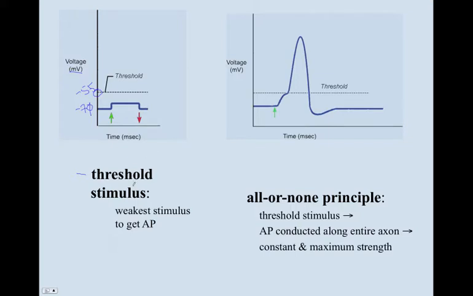Threshold stimulus is the weakest stimulus to get an action potential. Once we've reached the threshold, then we have the all or none principle, which says that once we have that threshold stimulus, we're going to have an action potential conducted along the entire axon at a constant and maximum strength.